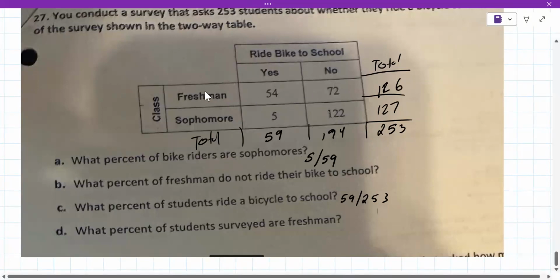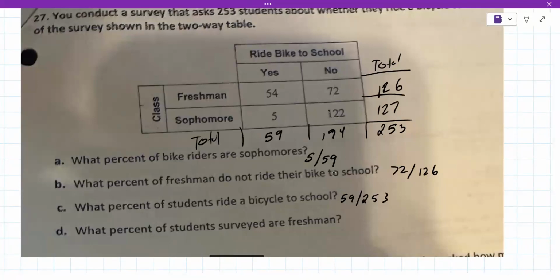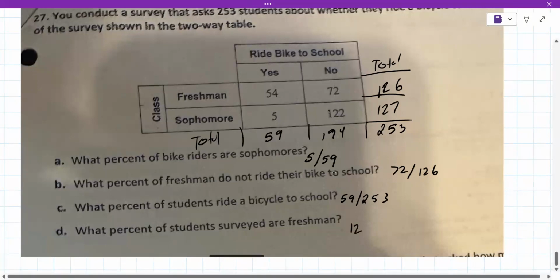So these problems are either looking at a column or a row. 72 out of 126. All right. And then what percent of students surveyed are freshmen? 126 out of 253.